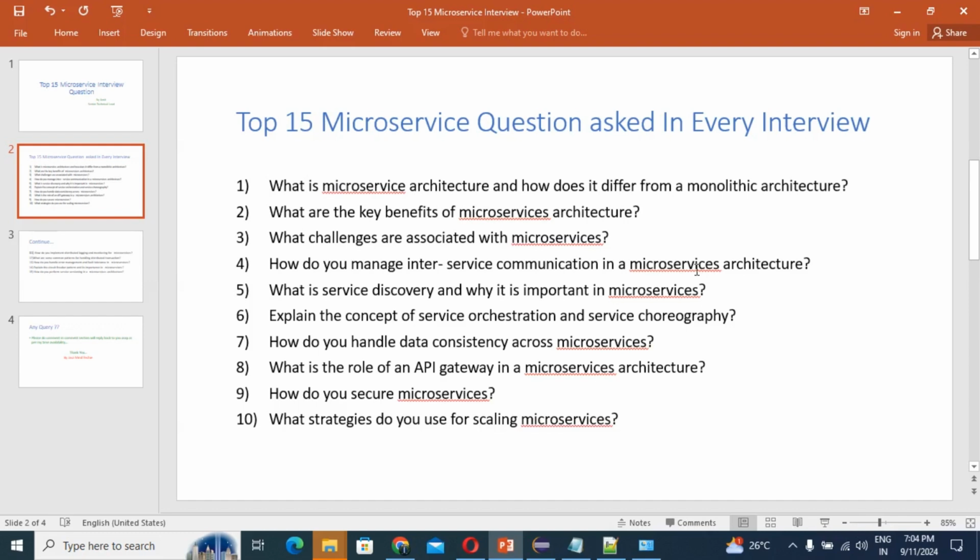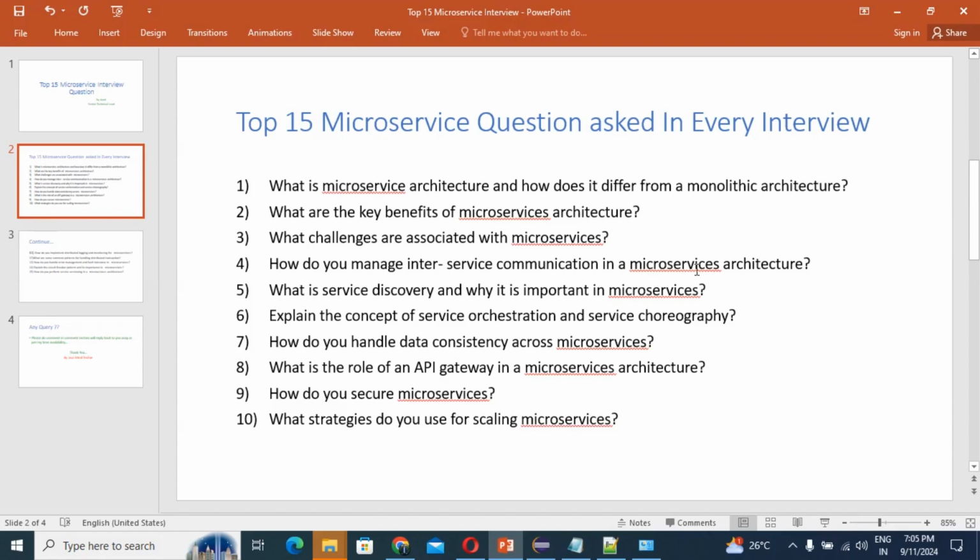The key difference is that microservices are modular and can be developed, deployed and scaled independently, whereas monolithic applications are tightly integrated and often require a full redeployment for changes. Once again I am repeating because this first question is very important.